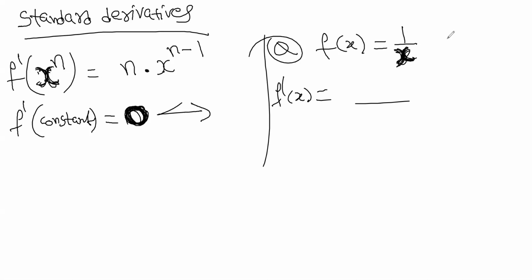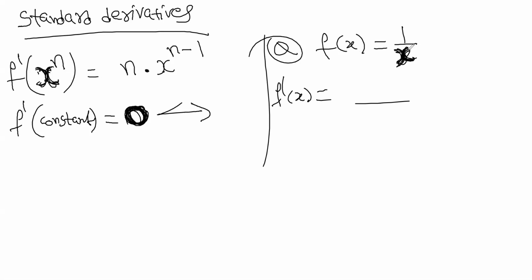Since it is 1 by x, you are taking the differentiation of the numerator and of the denominator, right? We should not use that method in differentiation. There is a different formula for it. That is applicable only for limits, not for derivatives.